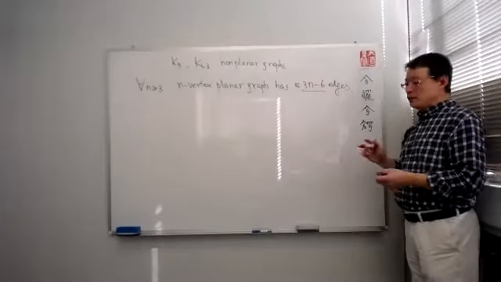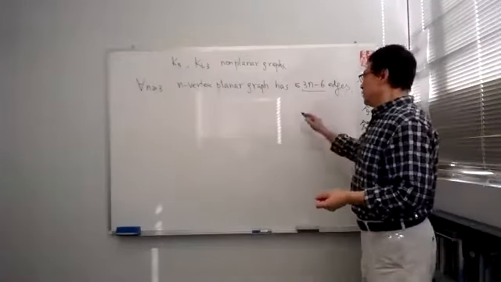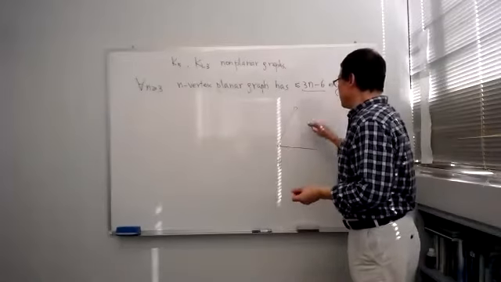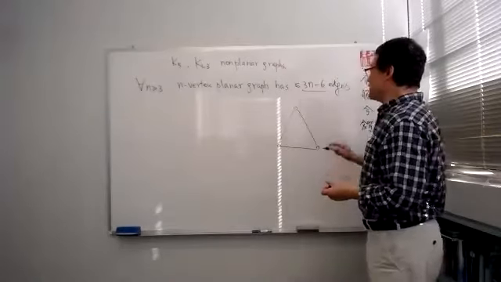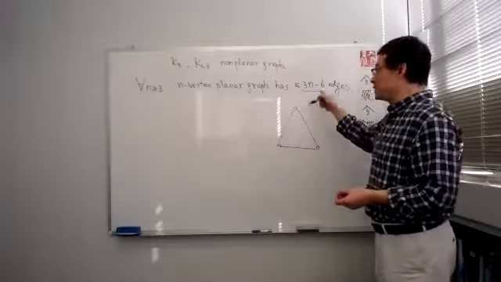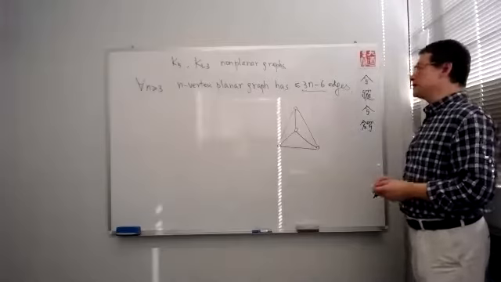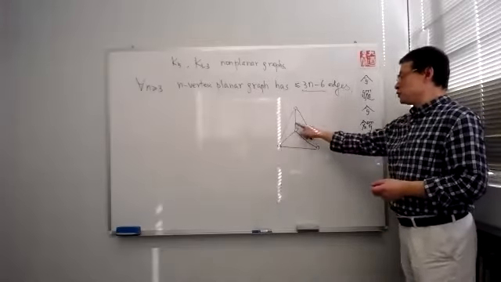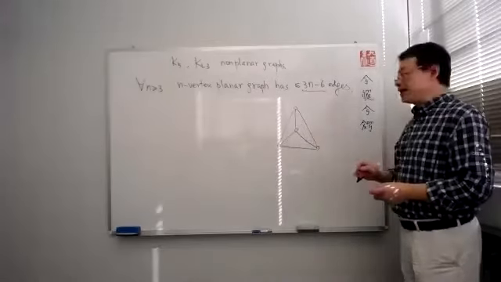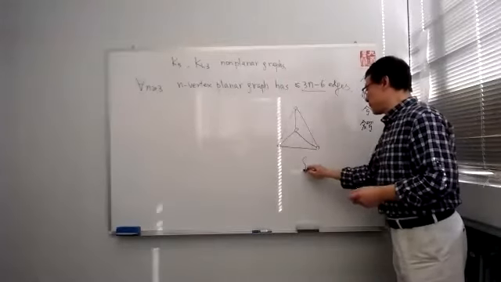All right. So let's take a look at the extreme case. For four vertices, what is the maximum number of edges it can contain? For three vertices it is 3 edges. For four vertices, the maximum number of edges contained is 6. So that's the extreme case. In the extreme case, each face is a triangle.